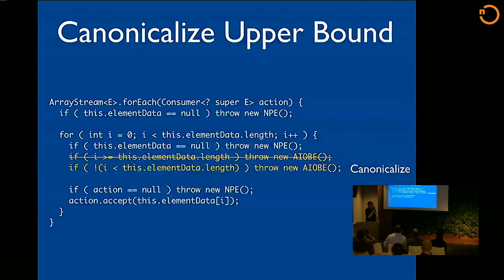Now, the upper bound check. The first step is to actually do what's called canonicalization. So we take that I greater than or equal to the element data length, and we turn it into not I less than the element data length. How is this better? It's better because now the compiler can see, oh, I already checked that up here.